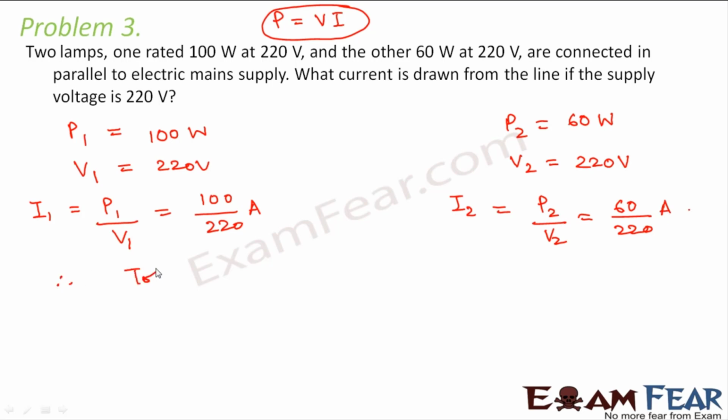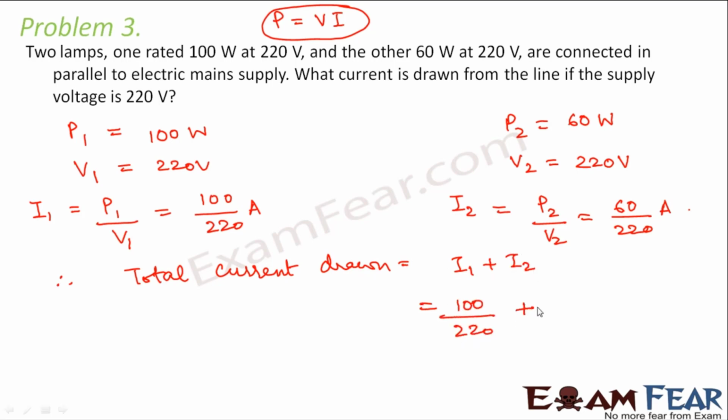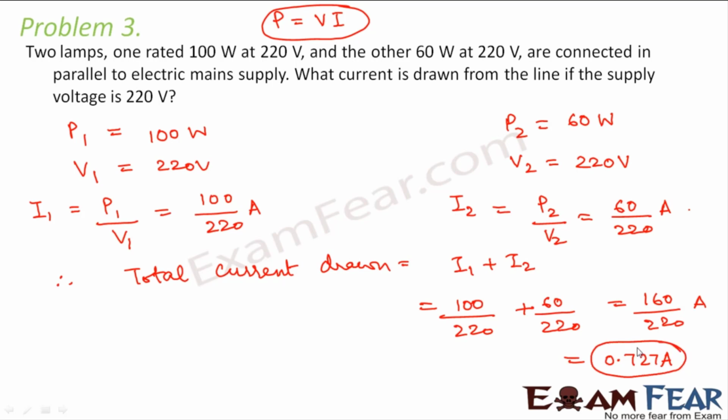Therefore, total current drawn by these two bulbs will be equal to I1 plus I2, that is equal to 100 by 220 plus 60 by 220, that is equal to 160 by 220 amperes. This comes out to be 0.727 amperes. So this much amount of current will be drawn from the line.